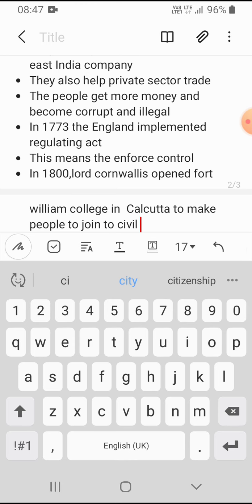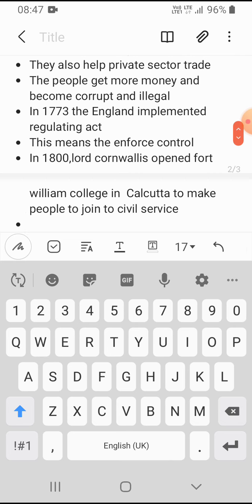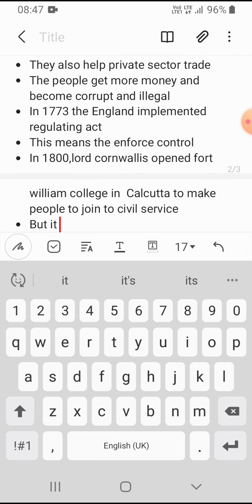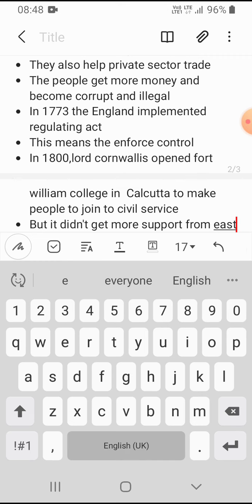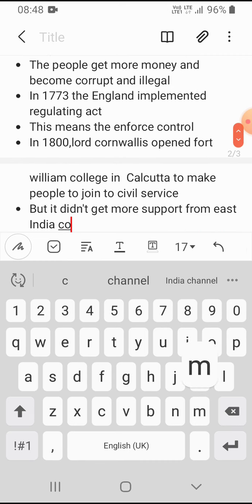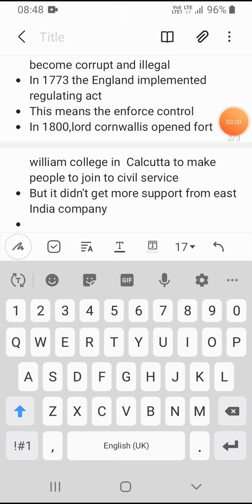But he did not get much support from the East India Company.